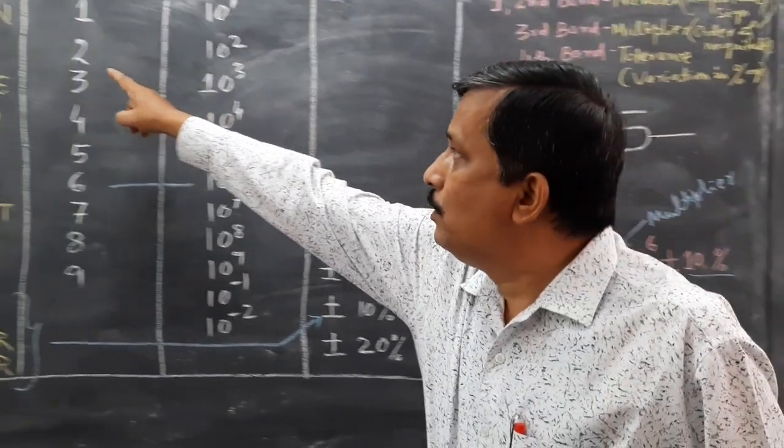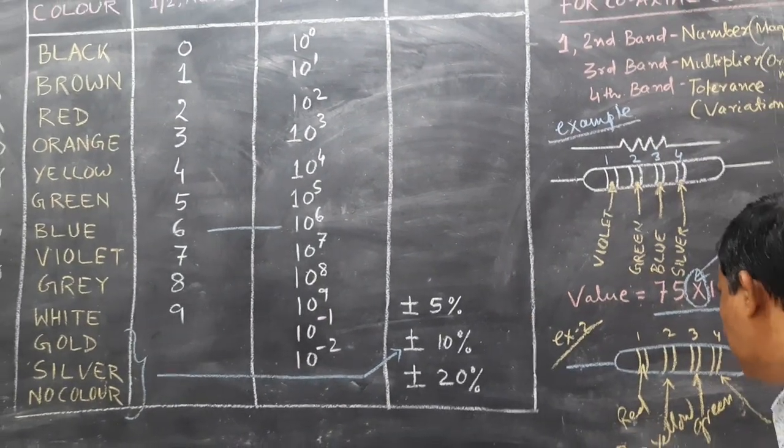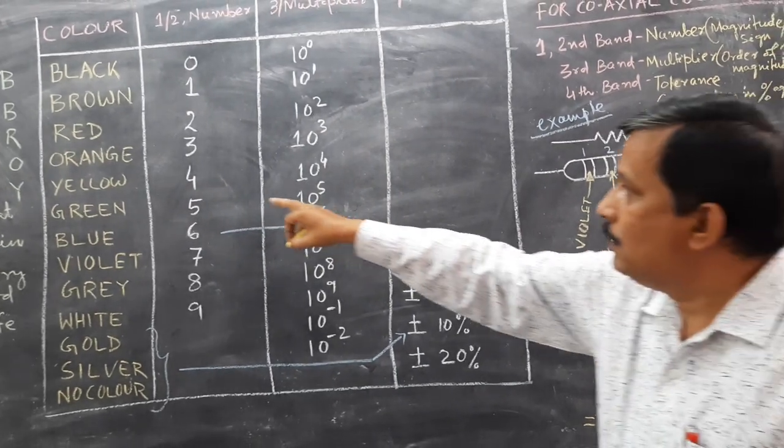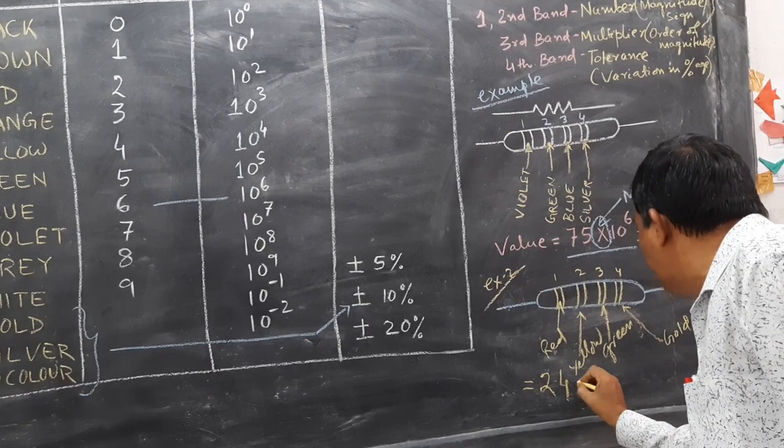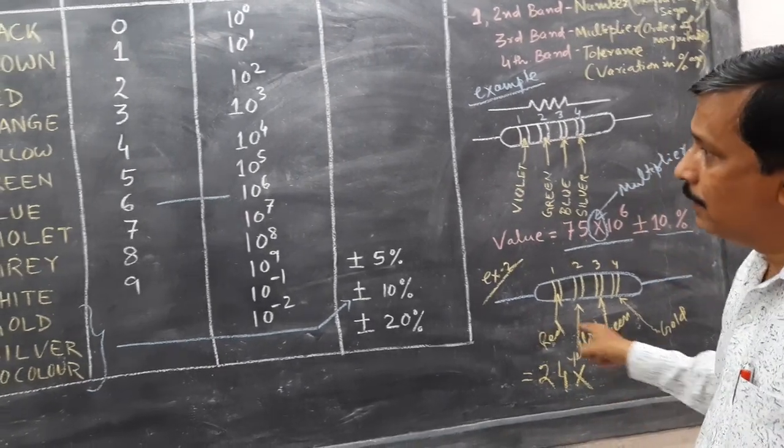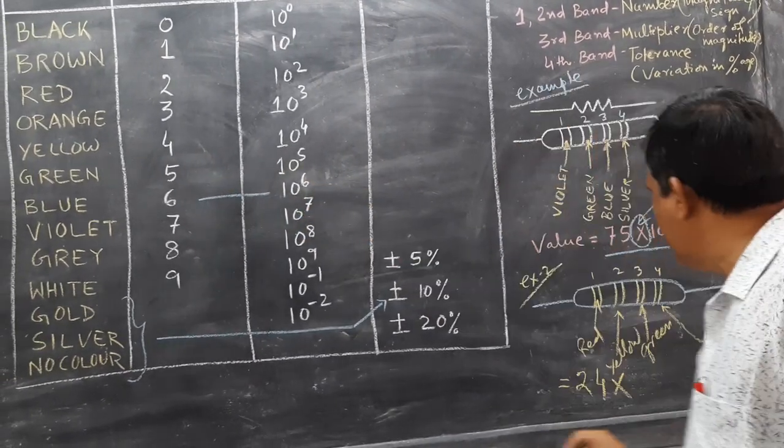So the value: red means 2, so here you write 2. Then yellow is 4, so you write here 4. Next is your multiplier, green. Green is 10 to the power 5.